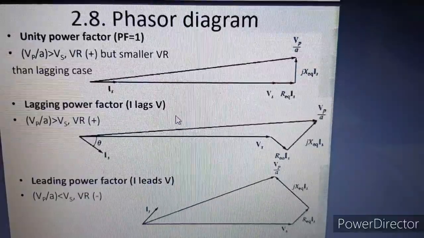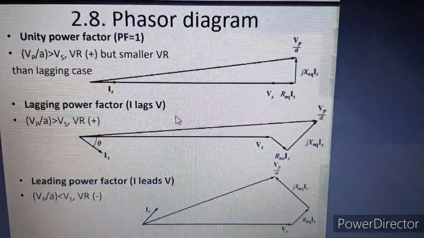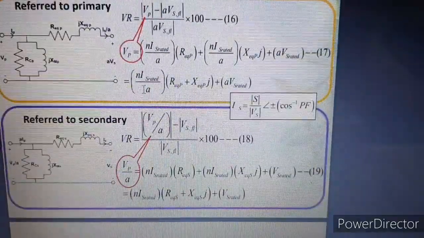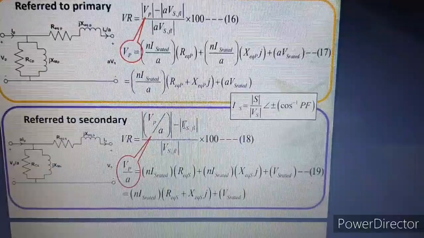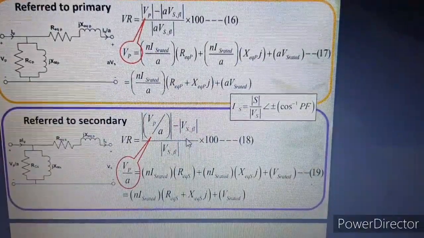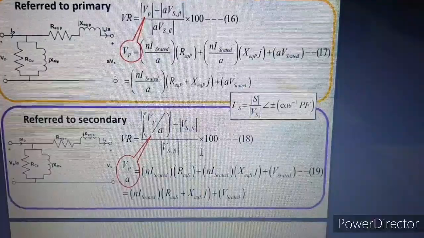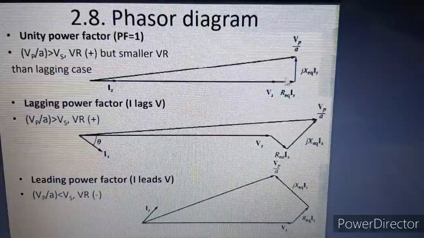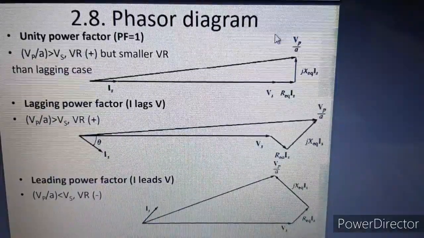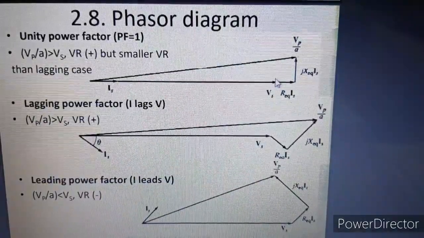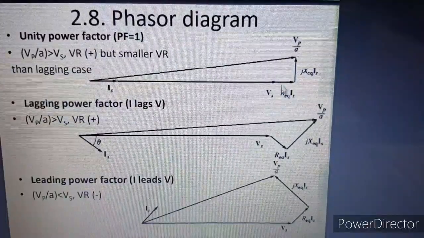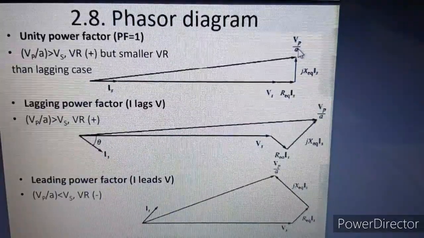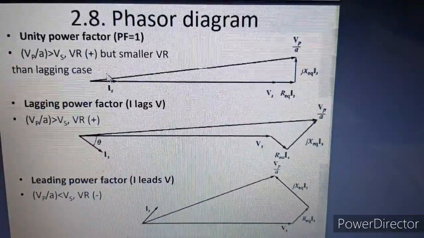What can we extract from this phasor diagram is that, for referred to secondary, the formula for VR is the magnitude, or length, of the phasor Vp over a minus the magnitude of Vs, over the magnitude of Vs. If the length of Vp over a is longer, its magnitude is higher than Vs, so your VR will be positive. Vp over a for unity is longer than Vs, so VR is positive.